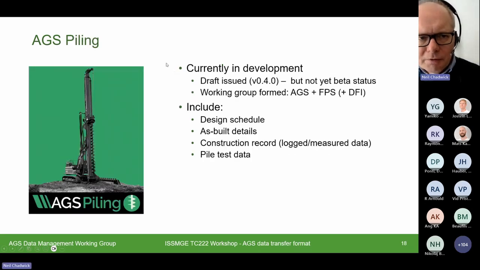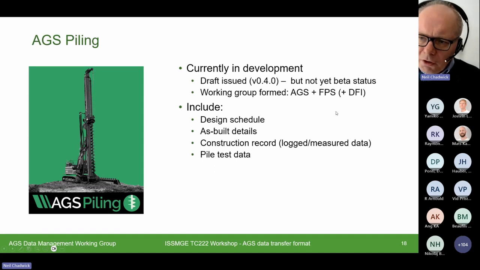And then we also have something called AGS piling. This is a little bit behind AGSI. We have a fairly mature draft that's already been issued, but not quite reached beta status. We have a working group that formed just under a year ago. In fact, we had a meeting this morning. It is led by the AGS, but also includes significant membership from the FPS, the Federation of Piling Specialists, which is a similar group to AGS but for piling.